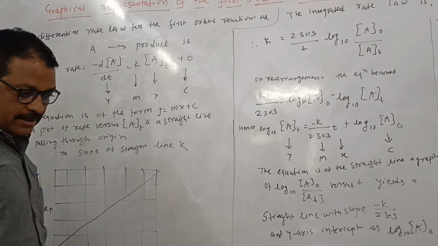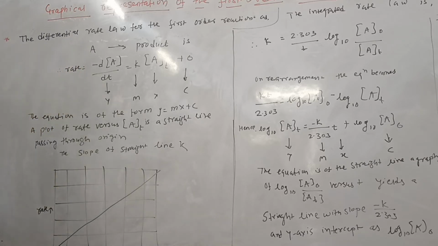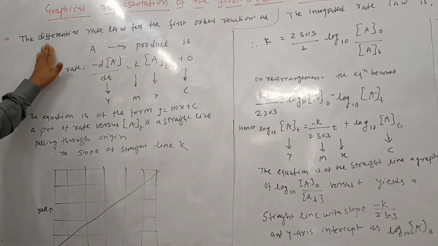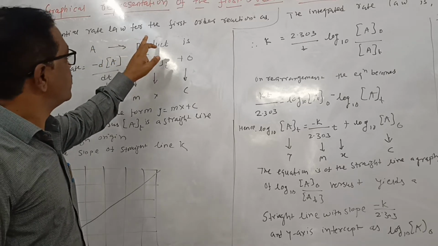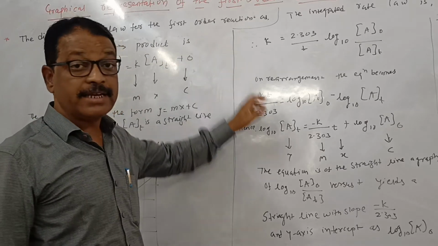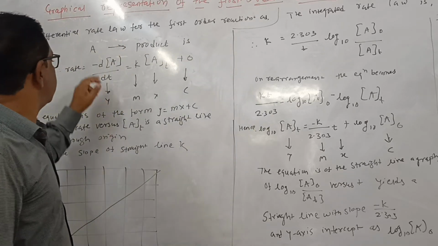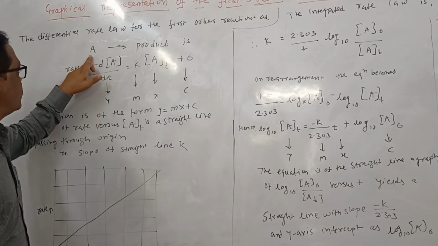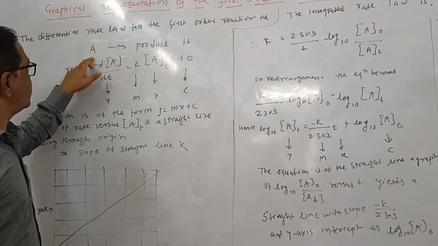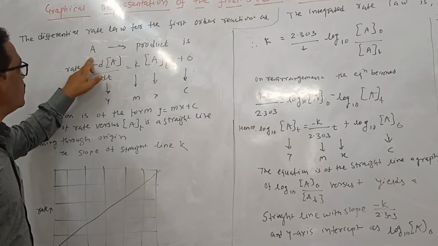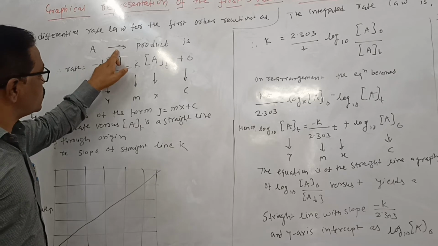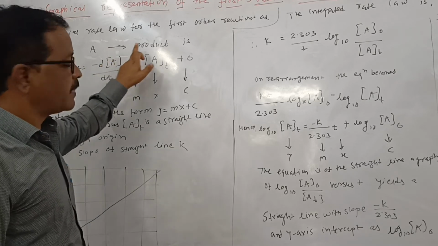We know the integrated law. Now the differential rate law for the first order reaction: in this reaction only one reactant A gives formation of product.